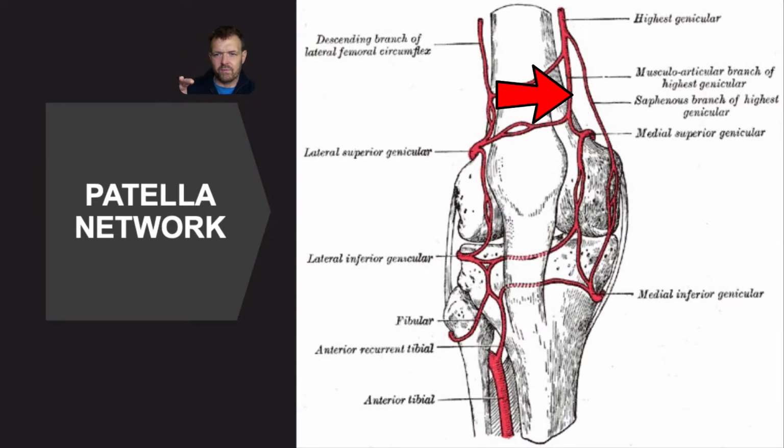So if you have a problem with this part of the vessel, this one will be able to get blood towards that area. If you have a blockage, say here, then this one will be able to get blood to that area. So we have all of these little linkages and networks where the blood supply can get to an area, even if it's blocked off, because you've got lots of different supply from lots of different regions.